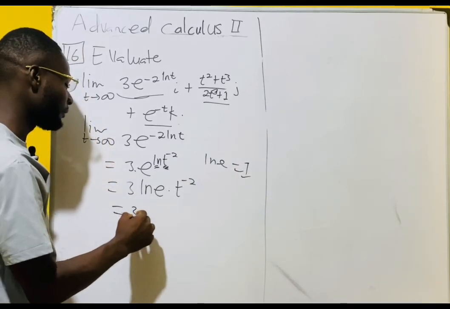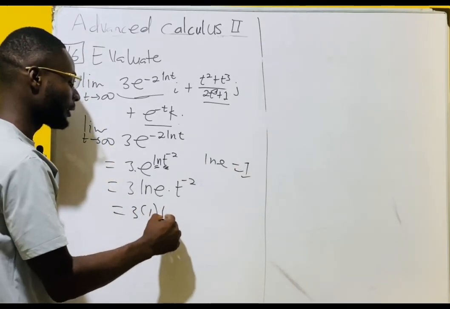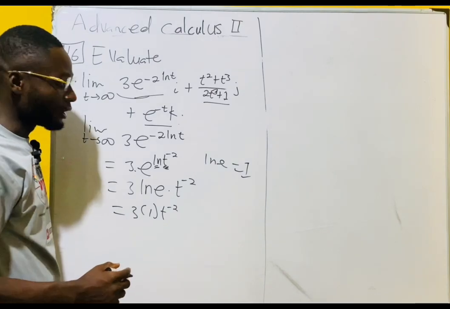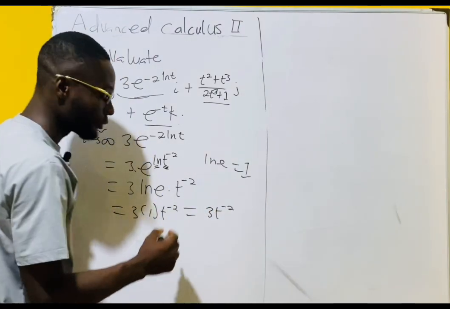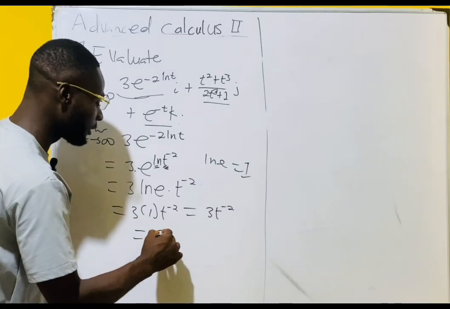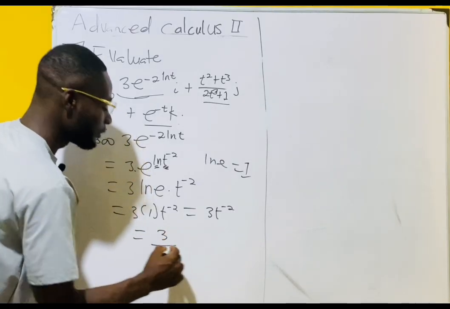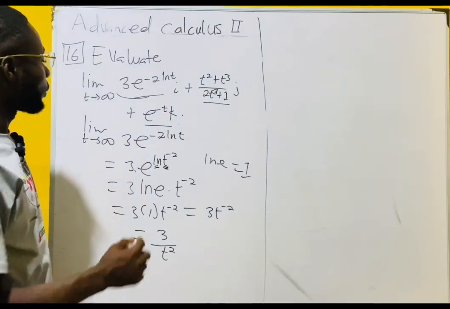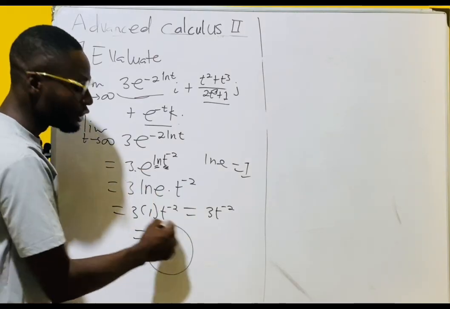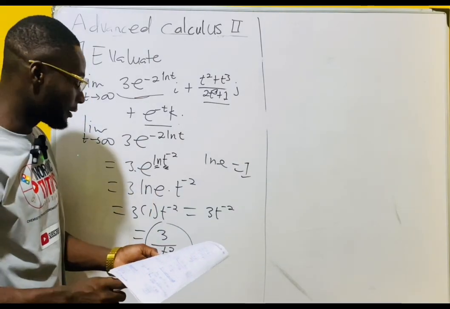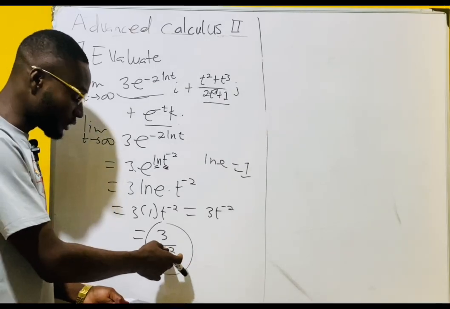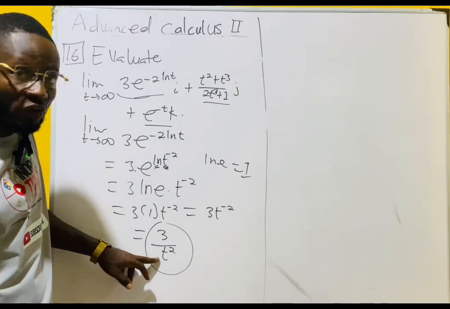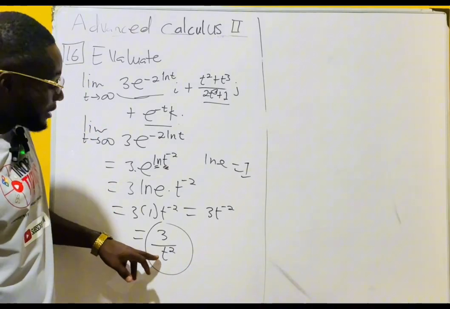So we're going to have 3 into 1 times t to the negative 2, so 3t to the negative 2. This is basically equal to 3 over t squared. After using the logarithmic properties, this is what we have. When we try to substitute infinity in place of this t here, we're going to have what?